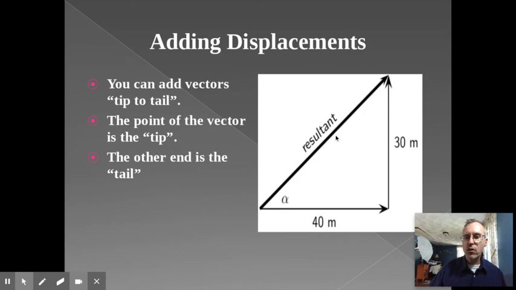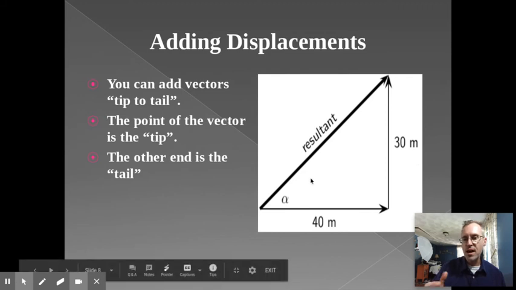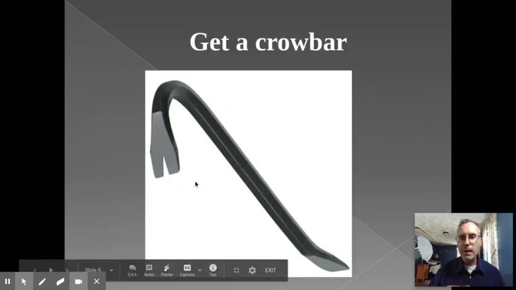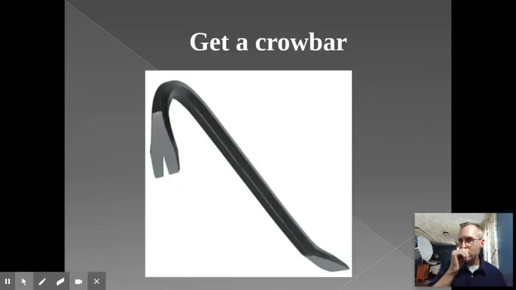The answer has a special name. It's called the resultant. Just learn the language on that. It's not hard. When I say resultant, it means what you get when you add several vectors. It's the answer that you get. In this case, this would be a 3, 4, 5 right triangle, so the resultant would have to be 50 meters at whatever angle this is. Okay, so that's the gist of it.